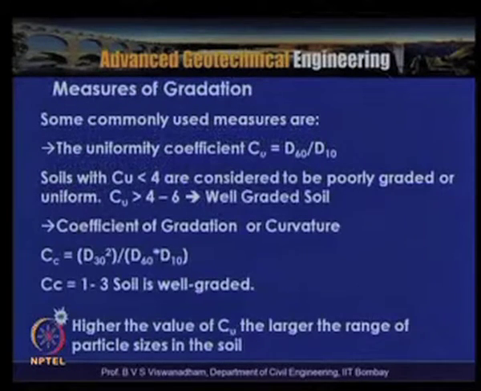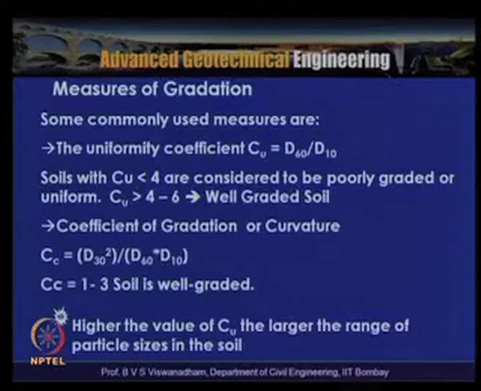Some commonly used measures are the uniformity coefficient, Cu, which is D60 by D10, and soils with Cu less than 4 are considered to be poorly graded or uniform. That is what a steeper curve indicates: a uniform grade distribution, meaning all particles have the same size, also called poorly graded.